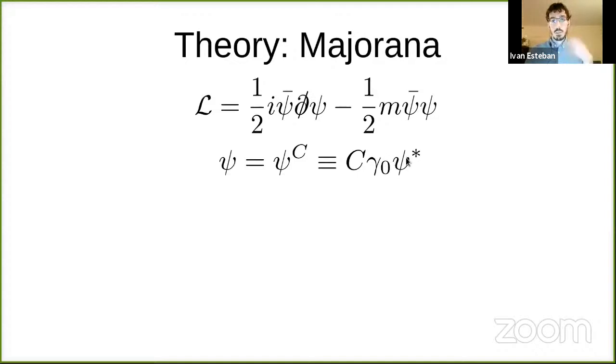So once again, for fermions, the condition of being its own antiparticle is not that the field is its conjugate, but we also have to put here a matrix in Dirac space. And in principle, this should describe fermions that are their own antiparticle.